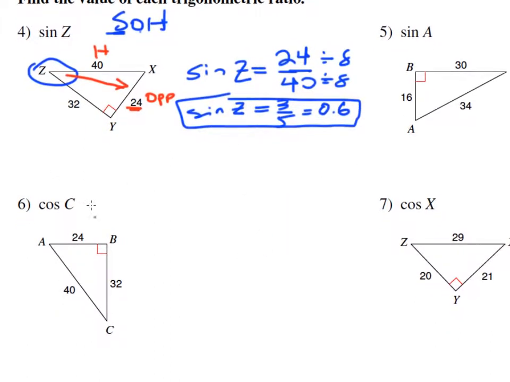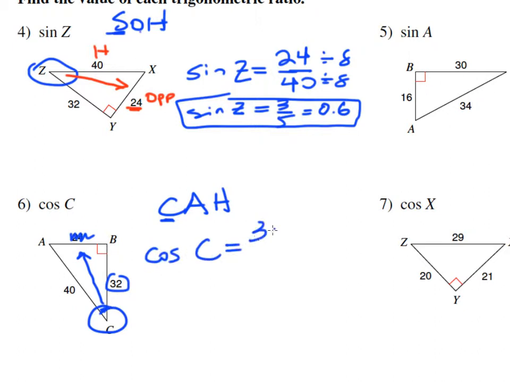Number 6, cosine of c. Remember, cosine equals adjacent over hypotenuse. So we don't want to use this, that's the opposite. We want to use the adjacent, this guy right here, right next to the c. So cosine of c equals the adjacent, 32, over the hypotenuse, which is 40.